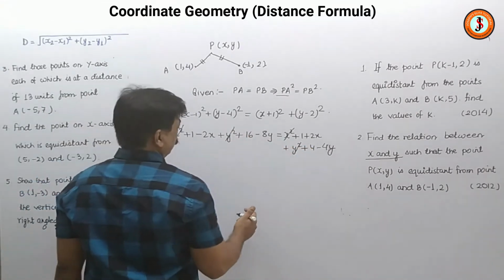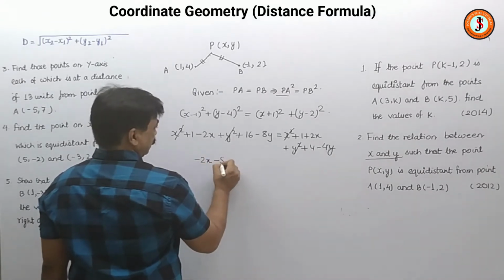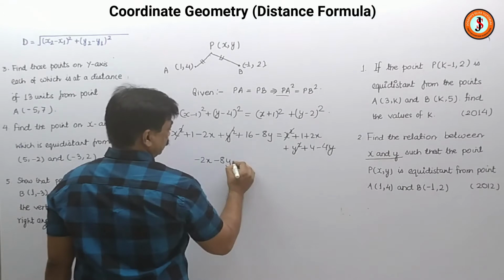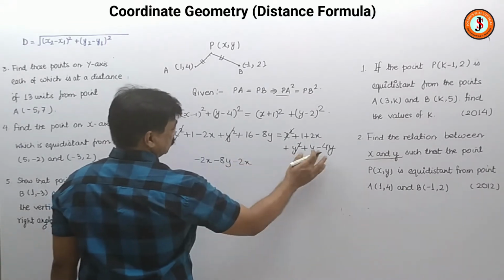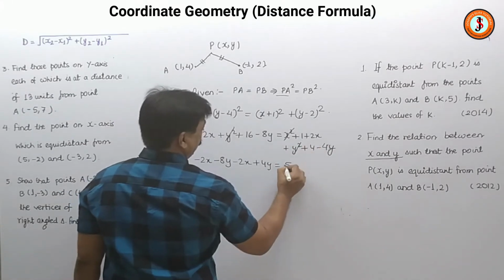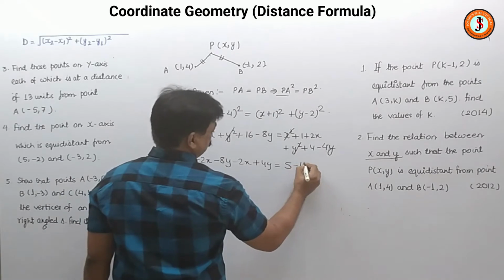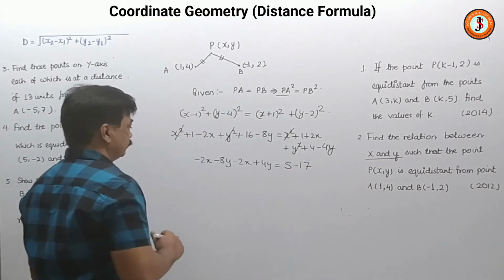Now what do we get? We have got minus 2x minus 8y; this plus 2x comes, minus 2x plus 4y is equal to 4x plus 1, and 16 plus 1 is 17 goes to the other side, so this is minus 17.